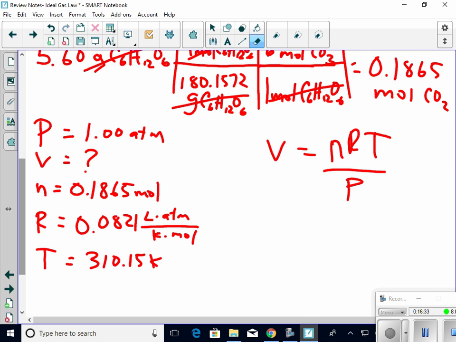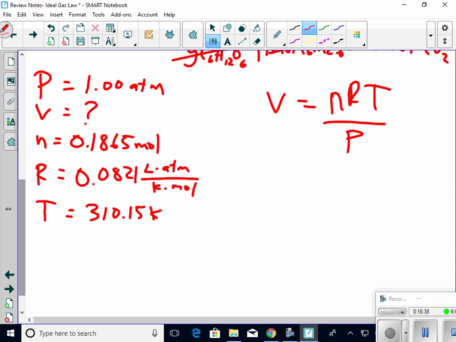So my volume is equal to the moles times the constant times the temperature.